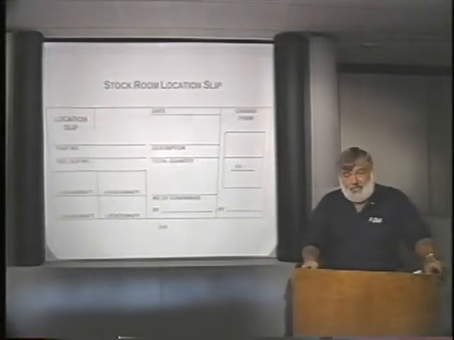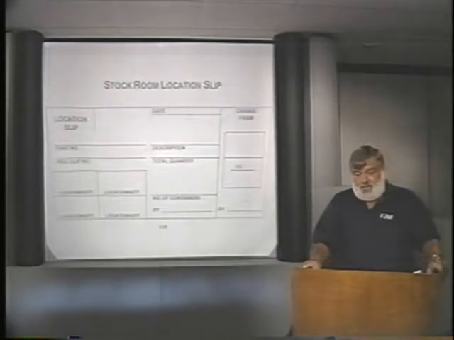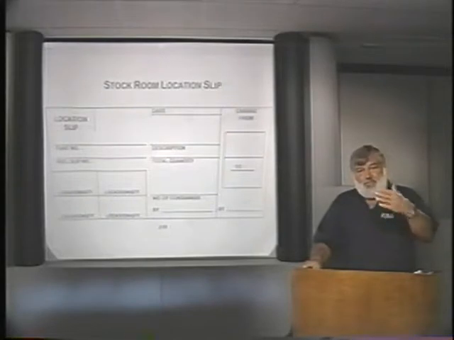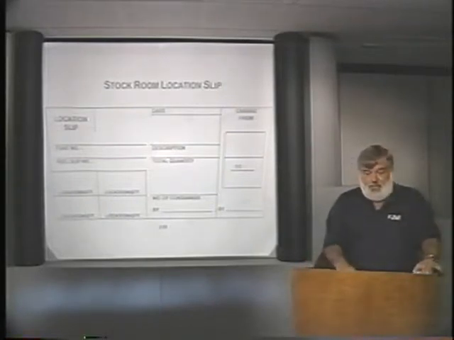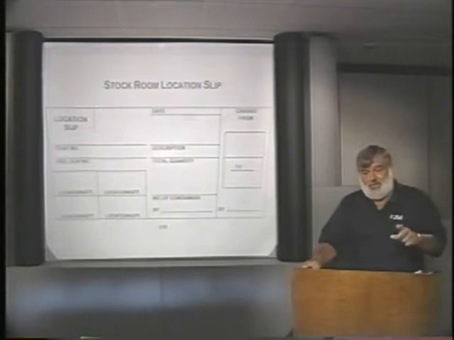We would then separate that document, as I indicated, through page 31A, through the procedure. And then once we put the material away, the person that puts the material in the bin would indicate the bin location, and then this would be returned, matched, and update the records. Now that's manually.